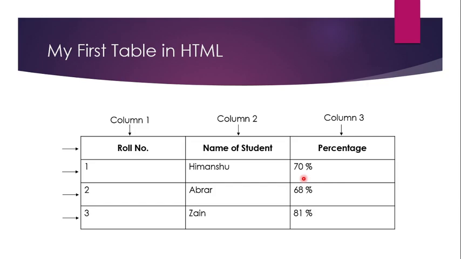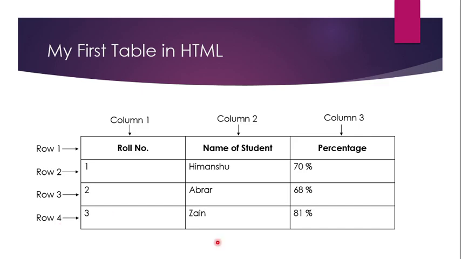As I have already told you, columns are the vertical collection of cells. And how many rows are here? Right, there are 4 rows. Row number 1 is the header row, in which you have kept the heading of the table. Another row is the row in which you have kept the data of the students. Row number 3 and row number 4.